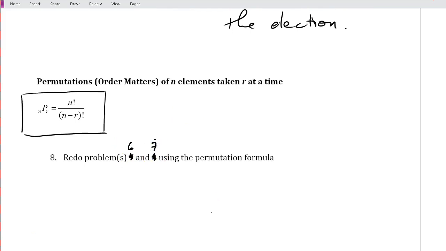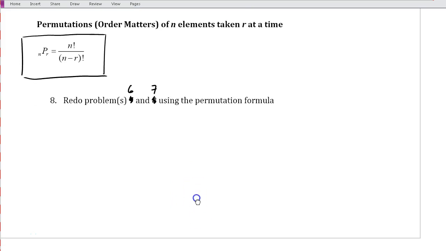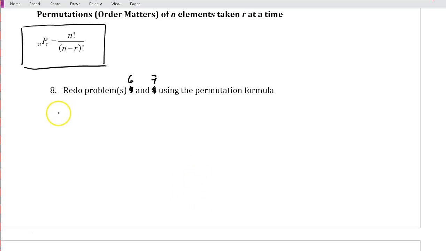Okay, so redo problem 6 using the permutation formula. For number 6, we had 11 and we needed to pick 3. So 11 permutations of 3.